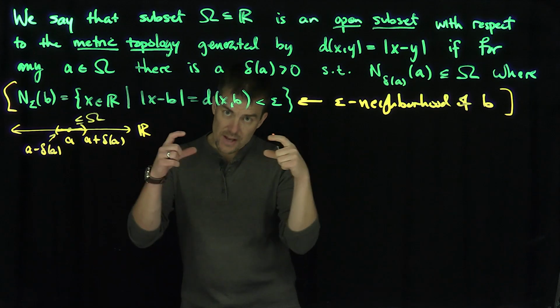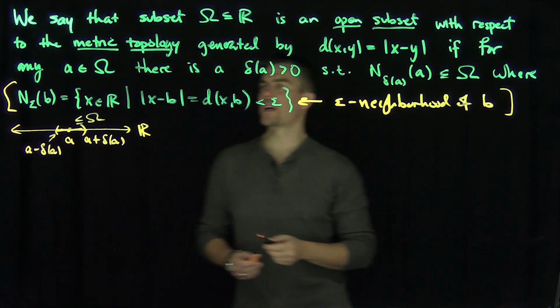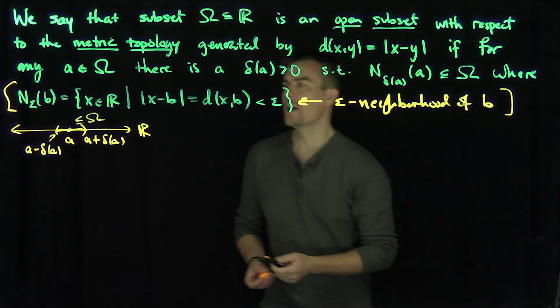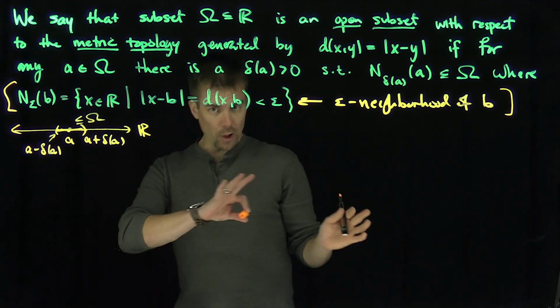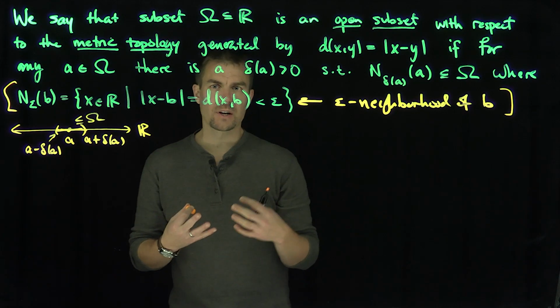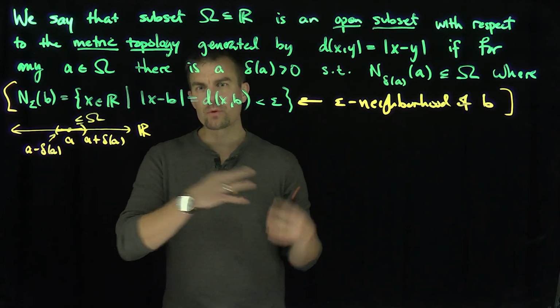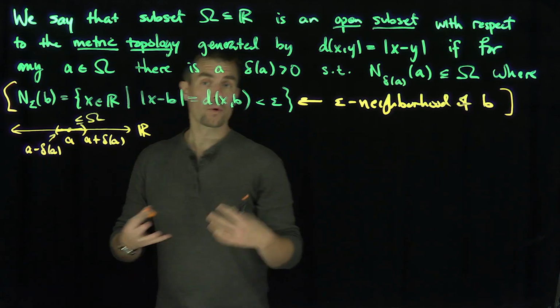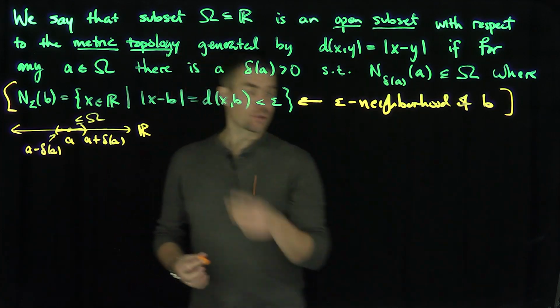So there's an interval that's stuck inside omega, and that's what it means for a set to be open. Later on in further videos, we'll discuss what it means to be closed, and we'll see that open and closed sets together don't give you every single subset of R. They give you special subsets, and we'll have to enrich those classes to get more intricate topological sets.